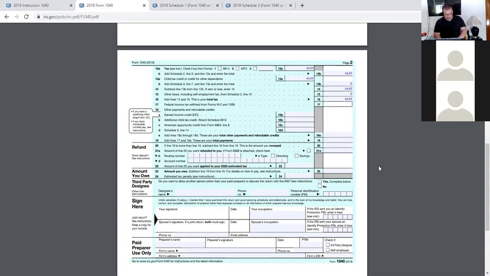So let's go back into the Campbell's file and look here and see on the W-2s and the 1099s what we have here. So we'll start with the W-2 from Philip, and we'll see in the bottom and on the top right corner there, box number 2, it says federal income tax withheld was $5,906.20.